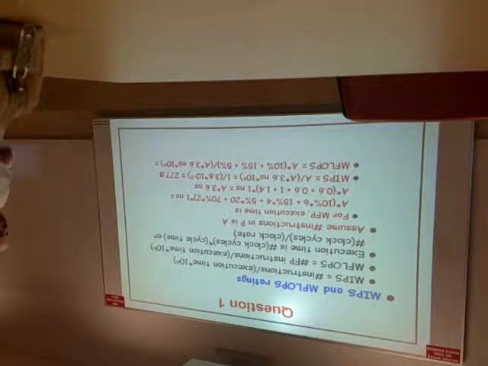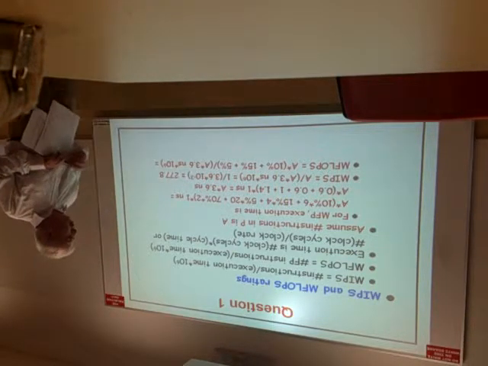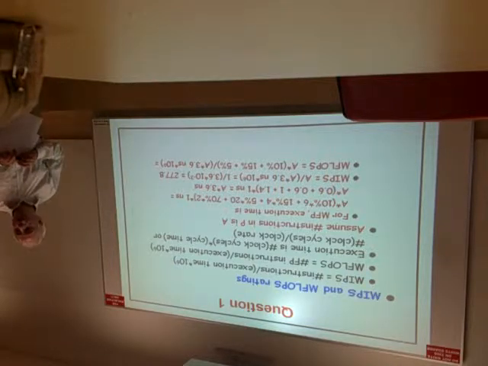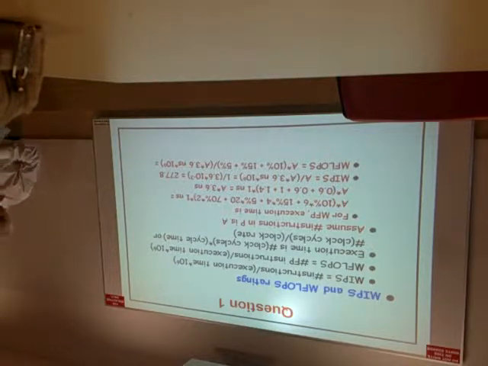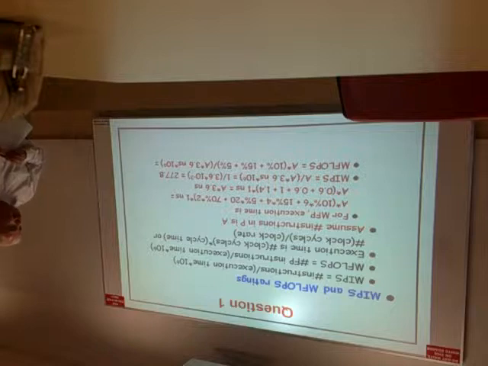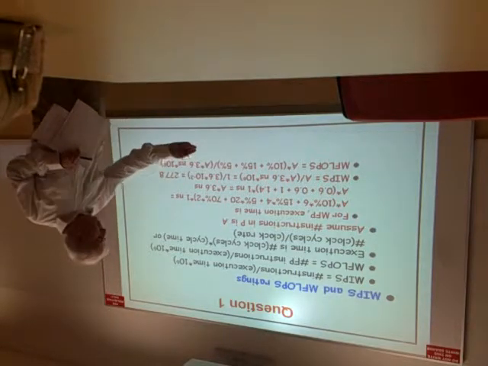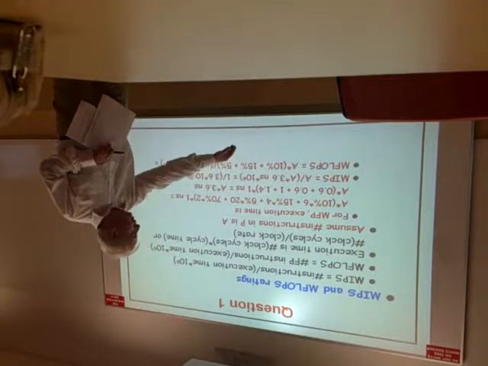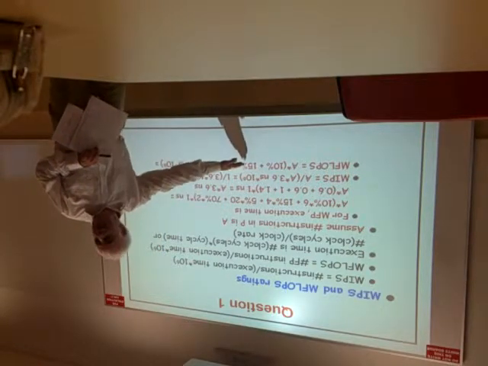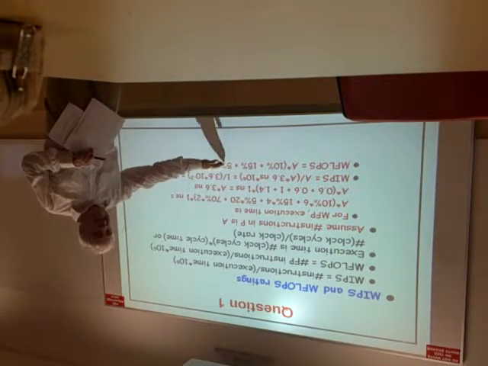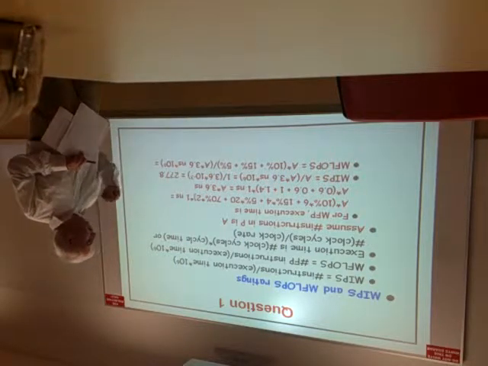Megaflops is similar, except that instead of using the total instructions, we just take into account the floating point instructions that are executed. Again, from the question, there are 10% floating point multiply, 15% floating point add, 5% floating point divide.